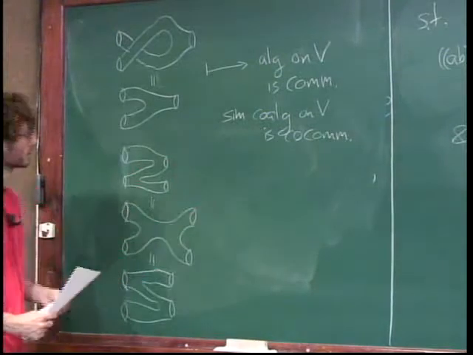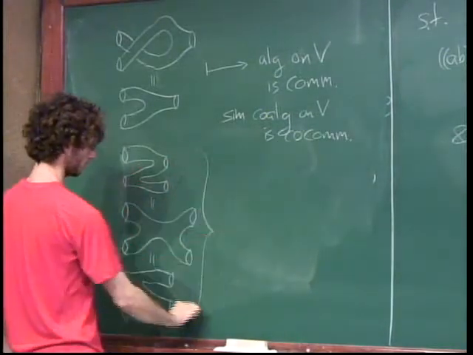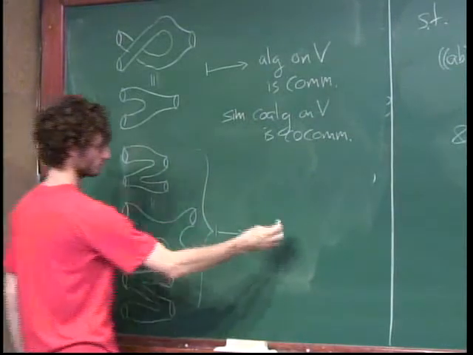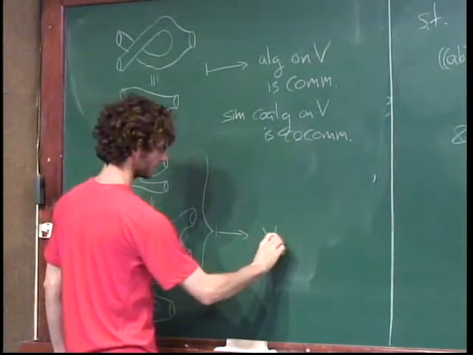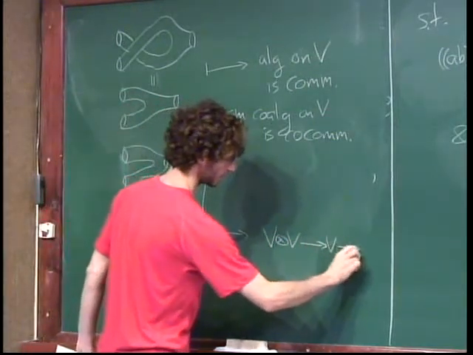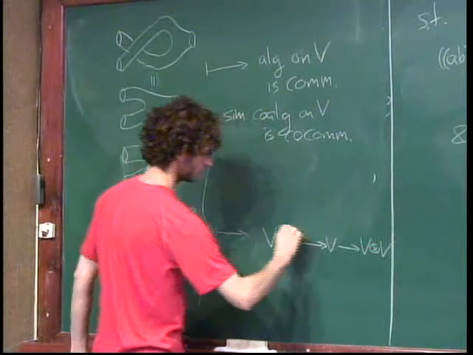And so this whole business imposes some condition on V. Let's write it out. If I had V tensor V, I first multiply and then co-multiply.